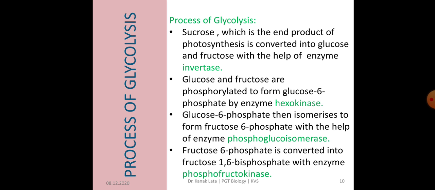Here also ATP is required. We can see here that ATP is utilized at two steps. First, during the conversion of glucose into glucose 6-phosphate, and second, in the conversion of fructose 6-phosphate into fructose 1,6-bisphosphate.